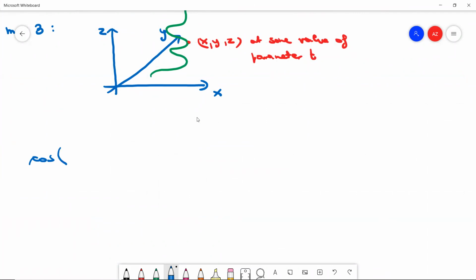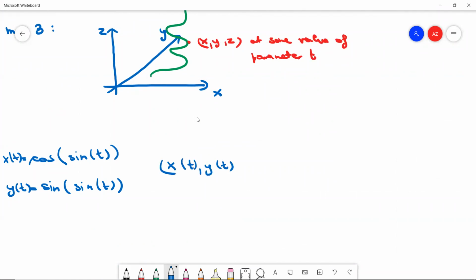Cosine of sine t, and this is x of t, and then y of t is sine of sine t. So this is x of t, y of t.